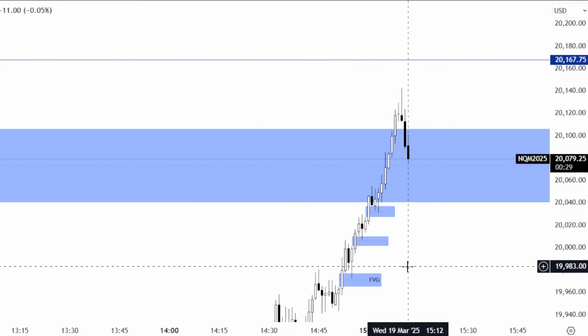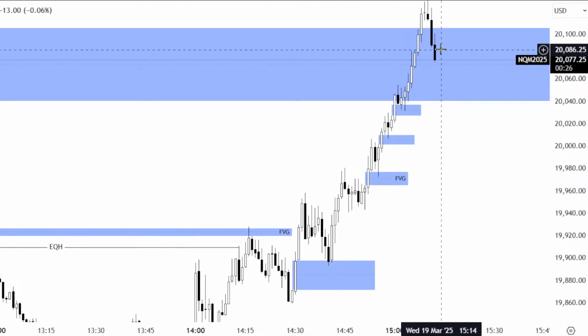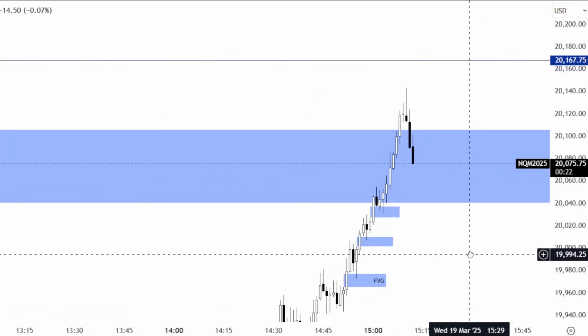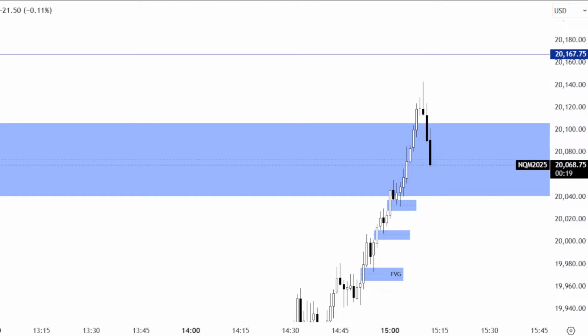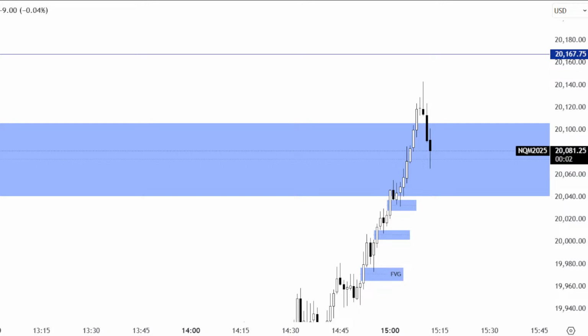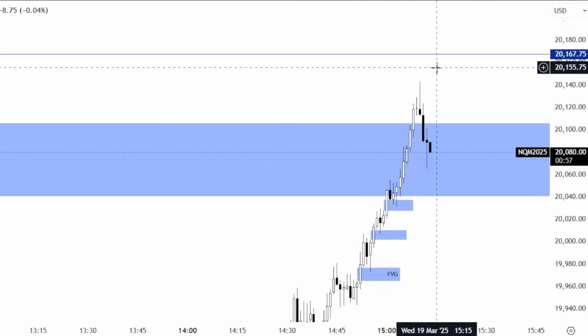I mean, we go straight up from here. Can it come straight down? Of course it can. I just don't like it because the market's been way too choppy in the last few weeks for me to think it's just gonna drop from the moon to the floor. Maybe this is just a little bit of a pullback to go higher.